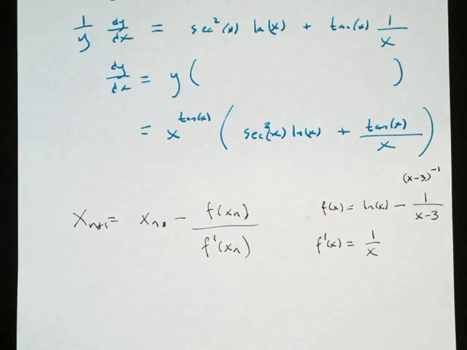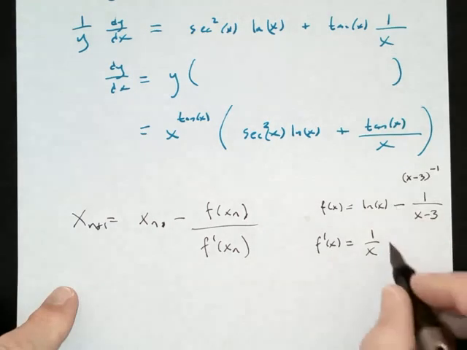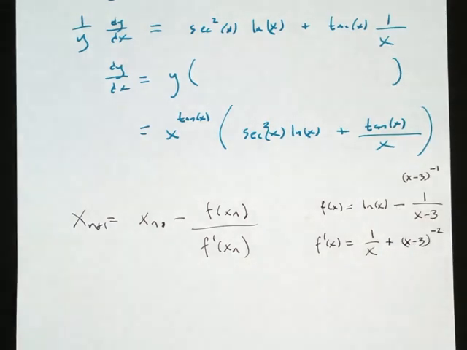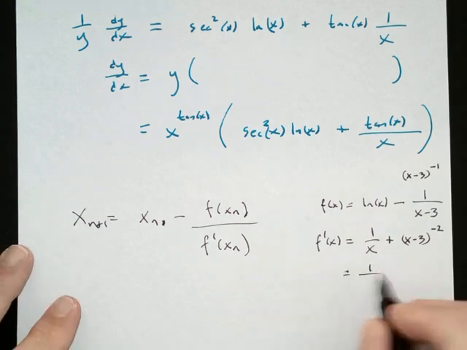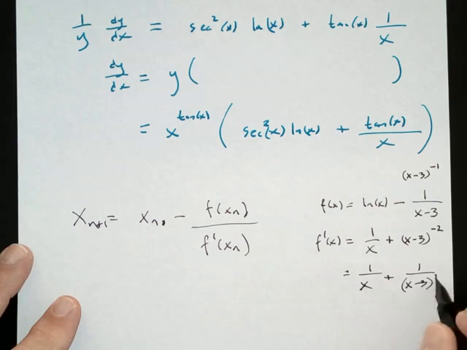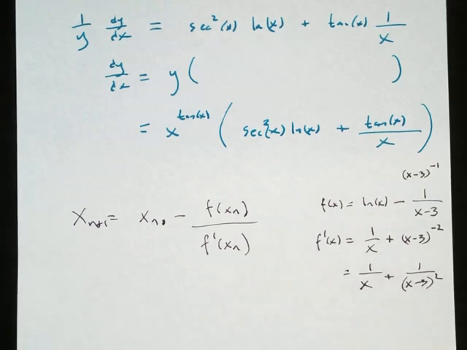Could. Negative times negative is positive. x minus 3 to the negative 2 times the derivative of the inside. The derivative of the inside is, no, 1, sorry. 1, the derivative of the x. Multiplying by 1 doesn't change anything. There's my derivative. Now I can start plugging and chugging, yes? Start with one of them.